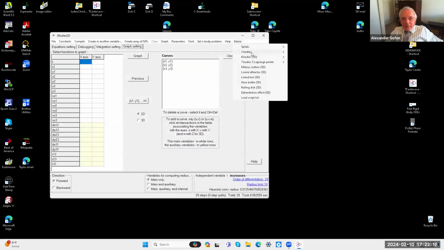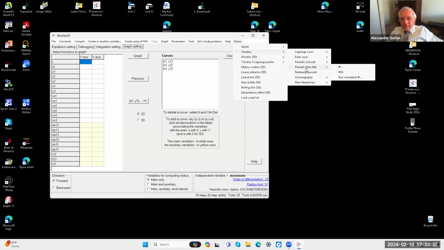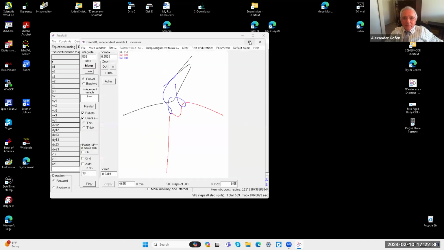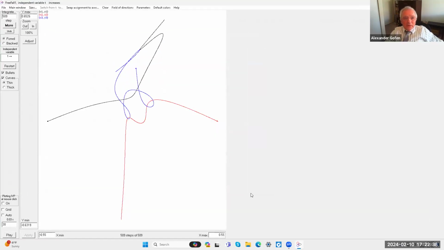There are many other interesting examples in celestial mechanics. In the most advanced areas, with the most recent discoveries, such as, for example, this previously unimaginable case of free fall of three bodies, which is periodic.